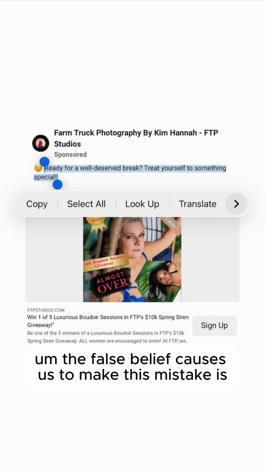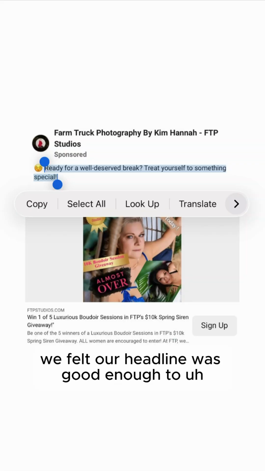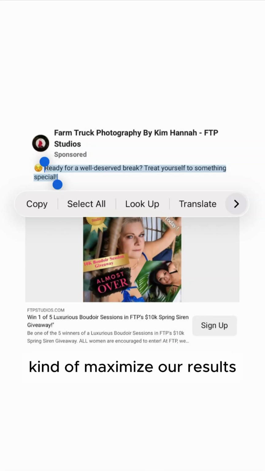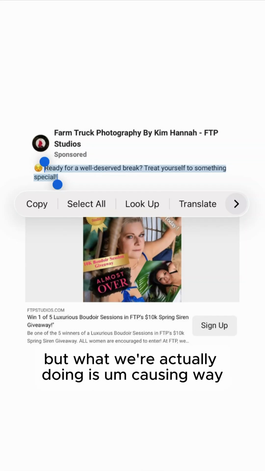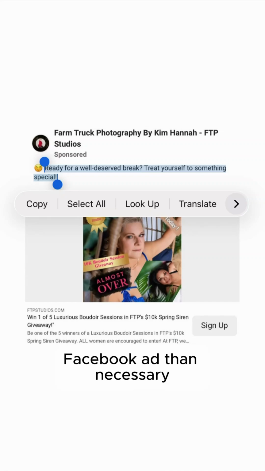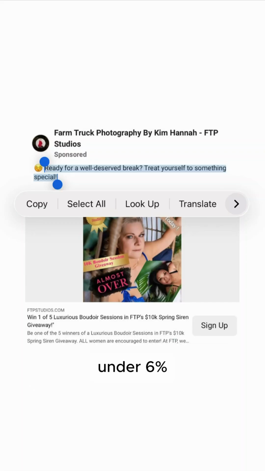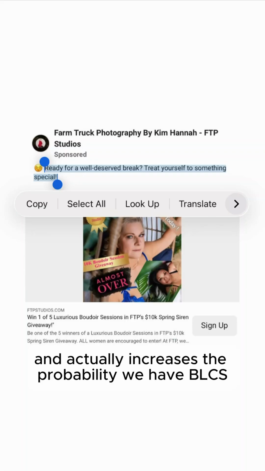The false belief that causes us to make this mistake is we felt our headline was good enough to maximize our results, optimize our results. But what we're actually doing is causing way more women to scroll by our Boudoir Facebook ad than necessary, which pulls down our unique CTRL under 6% and increases the probability we have BLCS.